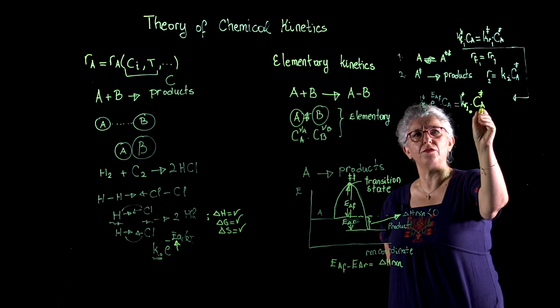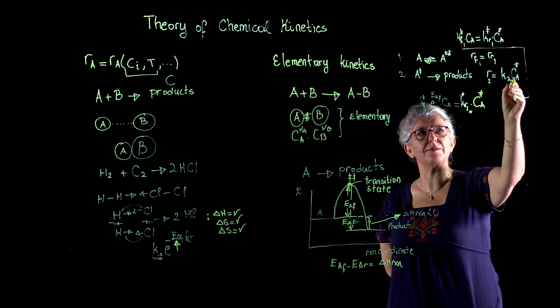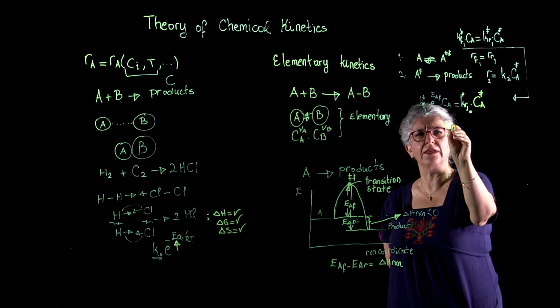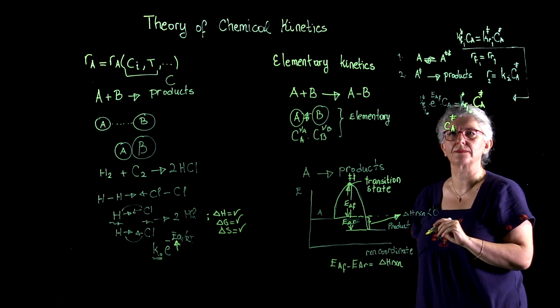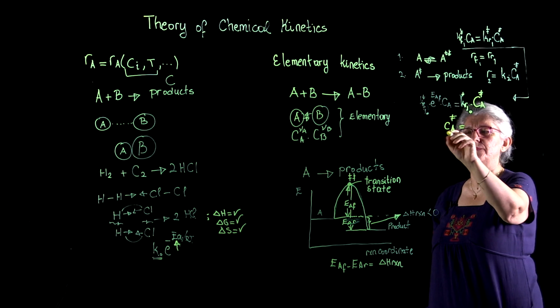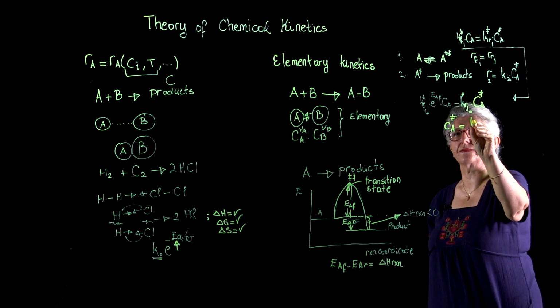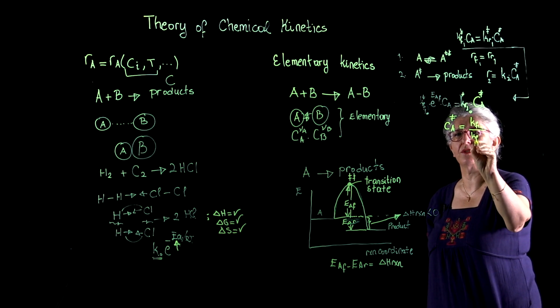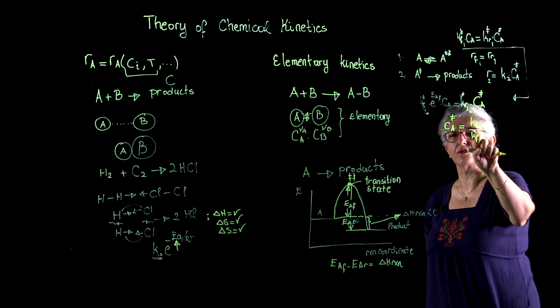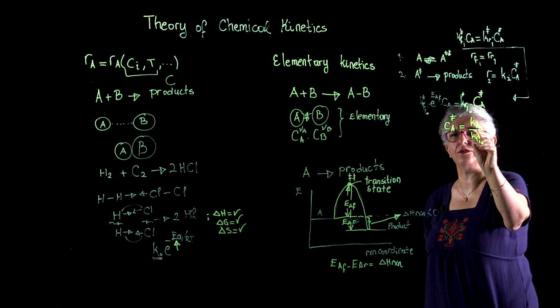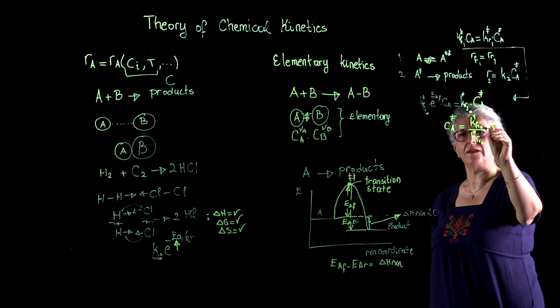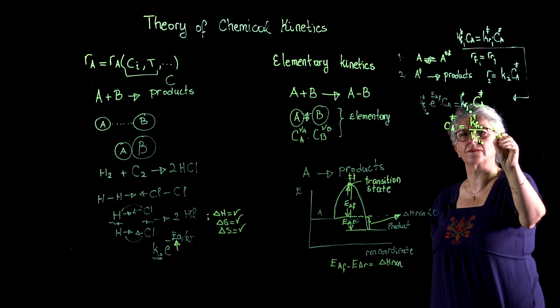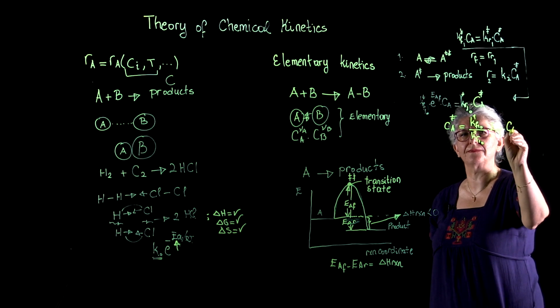Now I can solve for CA dagger from this equation and substitute in here. Let me do so. CA dagger is equal to K forward 1, 0 divided by K reverse 1, 0, times e to the EA forward, times CA.